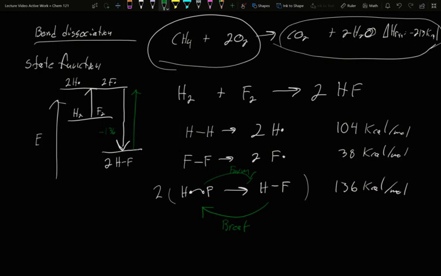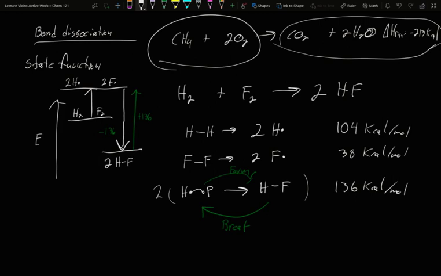If you're going from the bond to free atoms, it is adding in 136 kcals. These are reversible. You just change the sign. Anytime you form a bond, you're going to give away energy. Anytime you break a bond, you're going to put energy in.